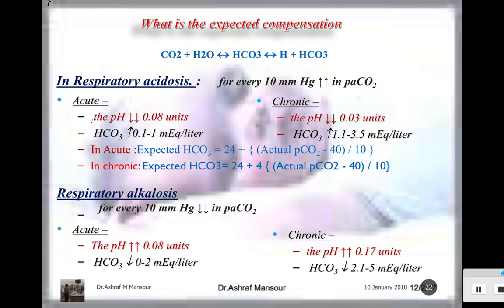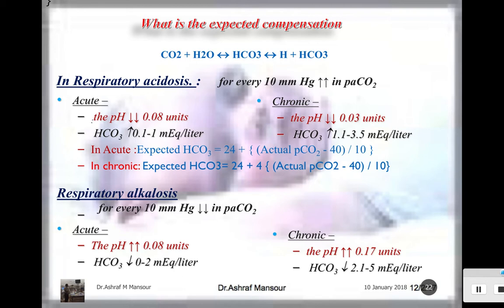So this is the first two equations, plus the fact that every 10 mmHg increase in the CO2 will decrease the pH by 0.08 in the acute and 0.03 in the chronic. In respiratory alkalosis, it is the same in the acute.